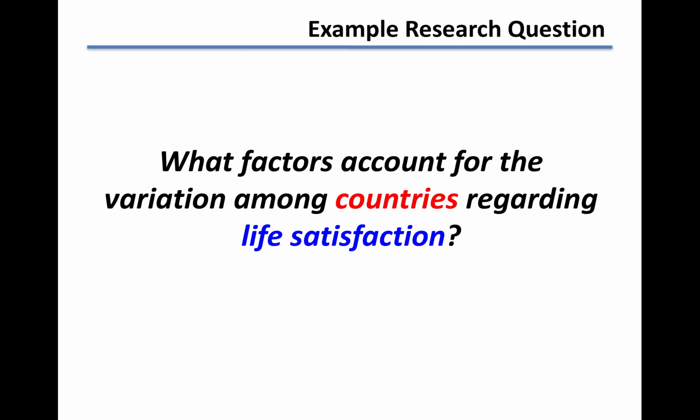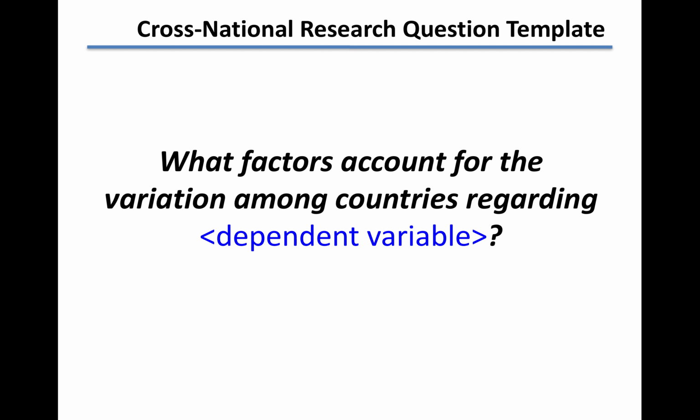And if we take life satisfaction out of it and we generalize this, we get to the cross-national research question template that I will mandate all of you use, not just for the week 1 activity, but for the entire class. What factors account for the variation among countries regarding insert dependent variable?